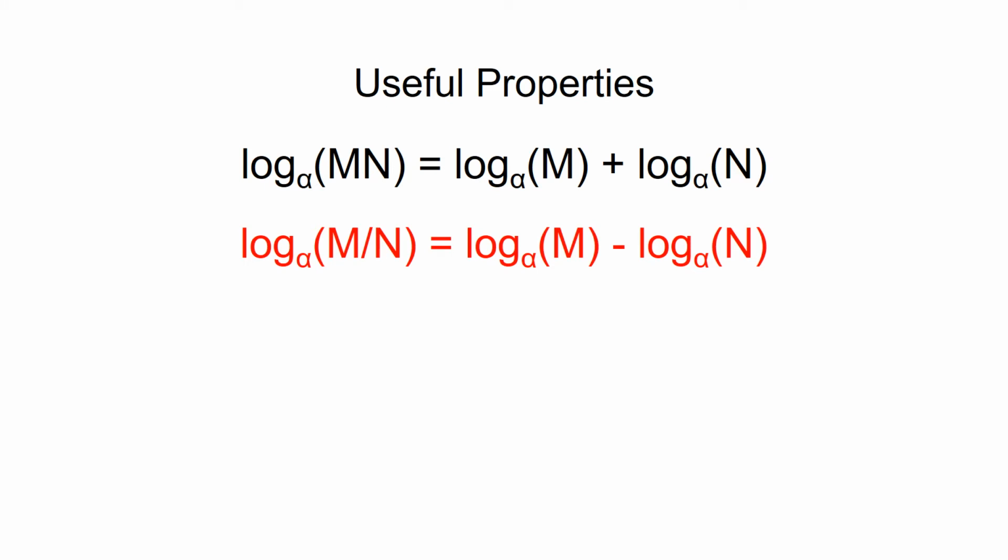Similarly, if we have log base a of a quotient, m over n, this is equal to log base a of the numerator, m, minus log base a of the denominator, n. Another useful expression is when we have log base a of m raised to the r power, this is equal to that power, r, multiplied by log base a of m.